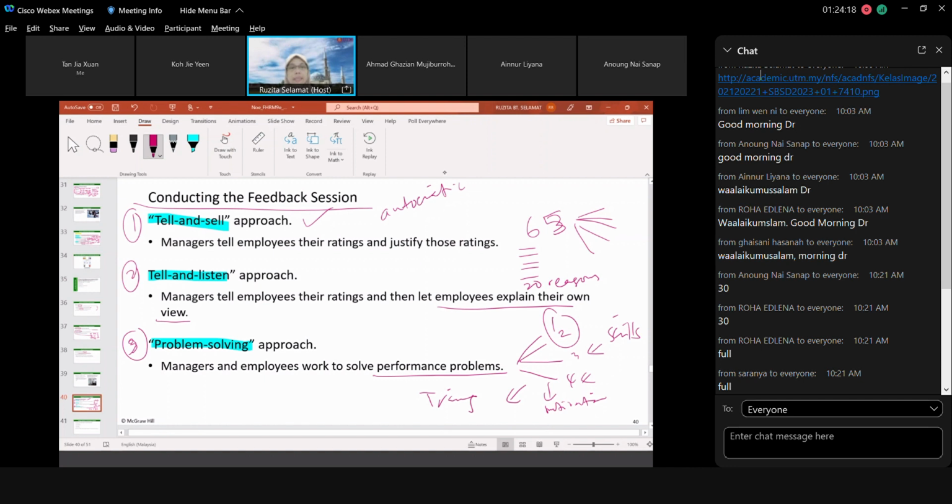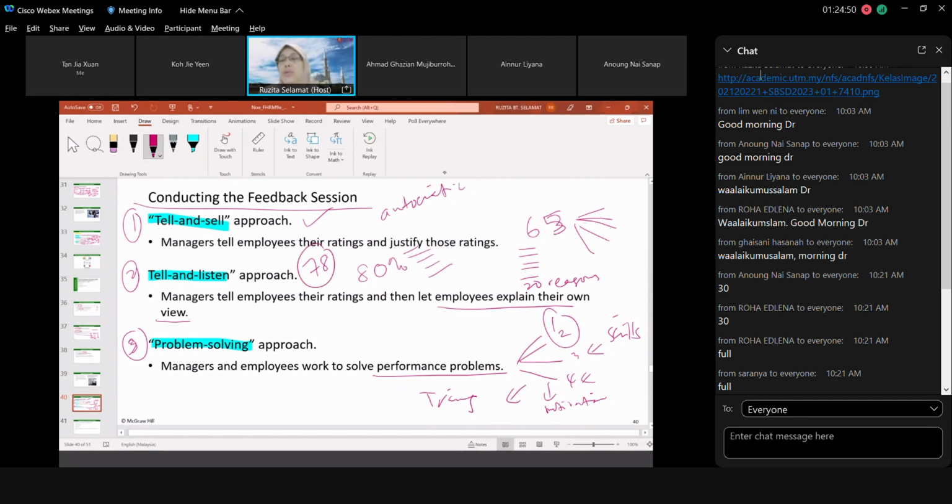Alright, okay. Ataupun mungkin ada bos yang jenis tell and listen. Okay lah, Roha, berapa nak bagi you ni tahun ni? Rasa you kerja okey je. Kita tanya pula pekerja berapa dia nak. Mungkin orang kata, bos, saya rasa saya deserve 80. Okey, 80, mungkin bos pun akan justify. Based on my opinion, 80 saya bagi rendah sikit, 78.